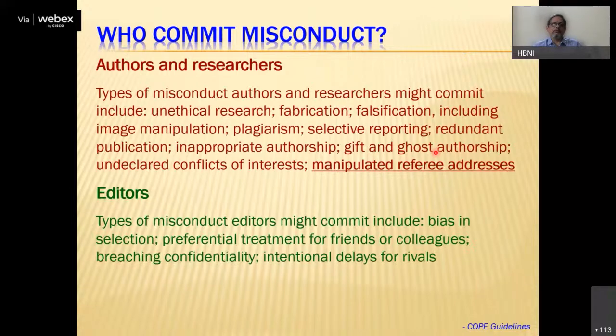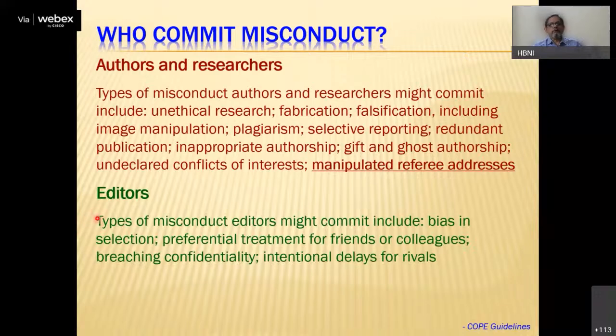I'll talk about this later. Then undeclared conflicts of interest, which I have already talked about just now. And then manipulated referee addresses. This is a very, very horrendous thing to do, and people have been indulging in this. I'll try to explain what this means shortly.